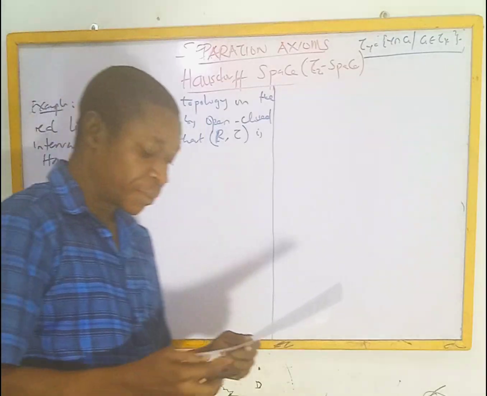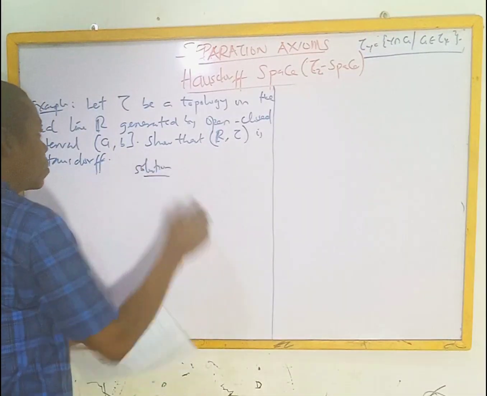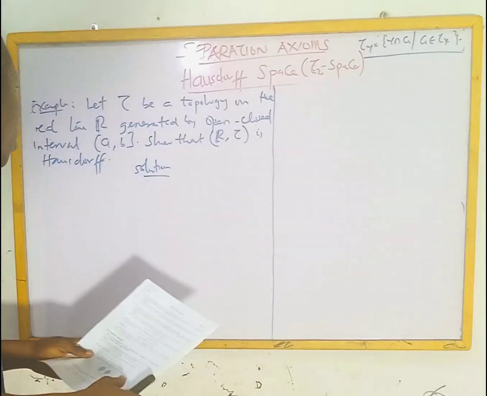How do we show that? Now, solution. Something that we have to look for: how do we generate that?